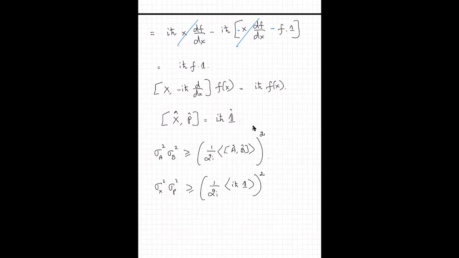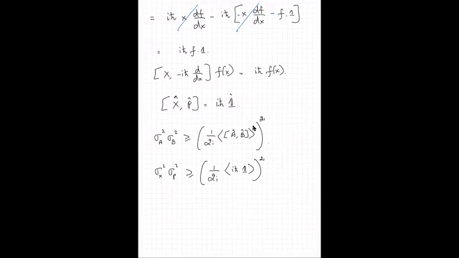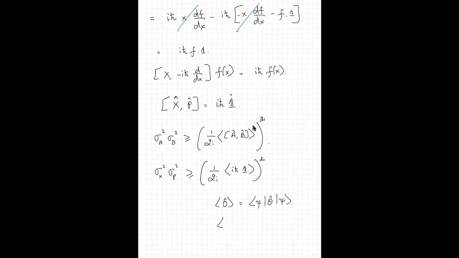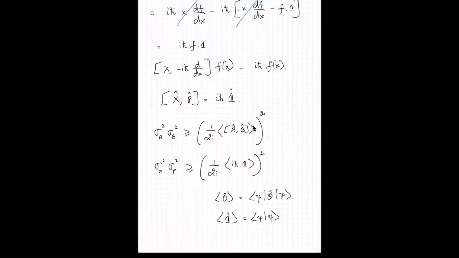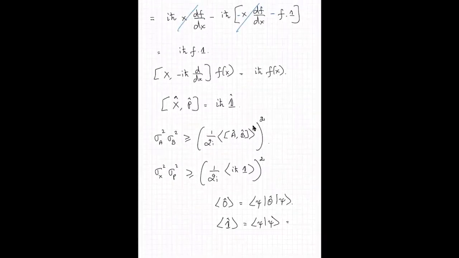Okay. Now the expectation value of the unit operator is just 1, because in any basis the expectation value of an operator is given by <psi|O|psi>. The expectation value of the unit operator is <psi|1|psi>. 1 acting on psi is just psi, and for any properly normalized state vectors, this is equal to just 1.